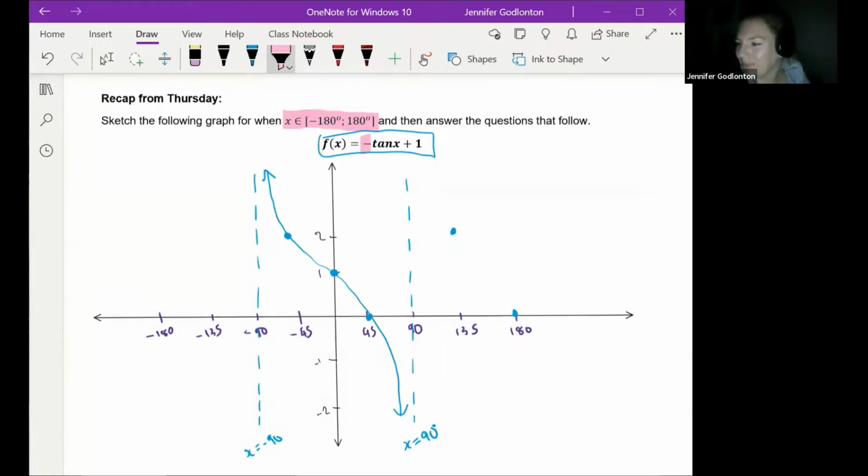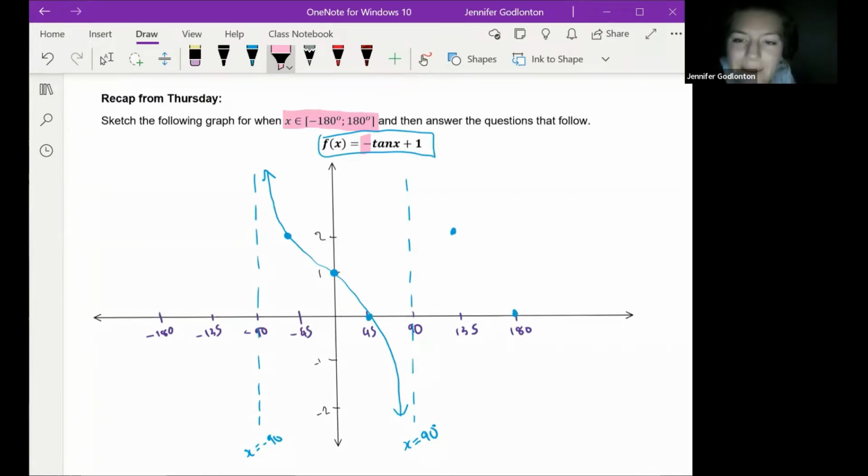Yeah, yeah. That was why this one was a little bit of a nasty question, because we had only been doing positive tan and we hadn't dealt with a negative tan. And so it does look a little bit different to the ones that we would be drawing, but I'll show you what that looks like. But I was purposely trying to trap you. So if yours is the opposite direction, you fell for my trap, which makes me happy.